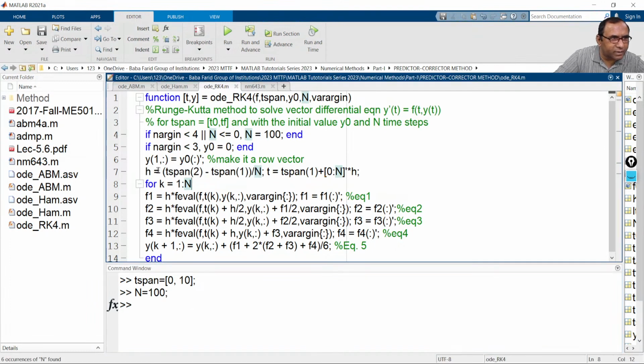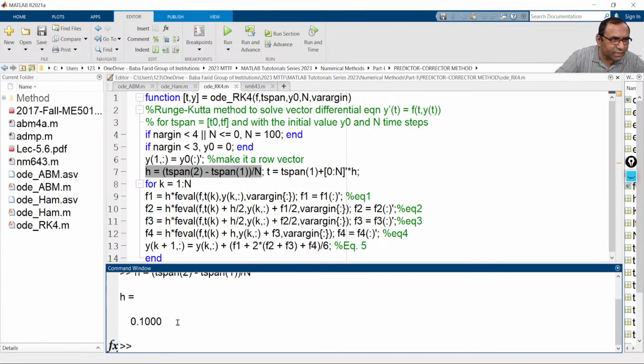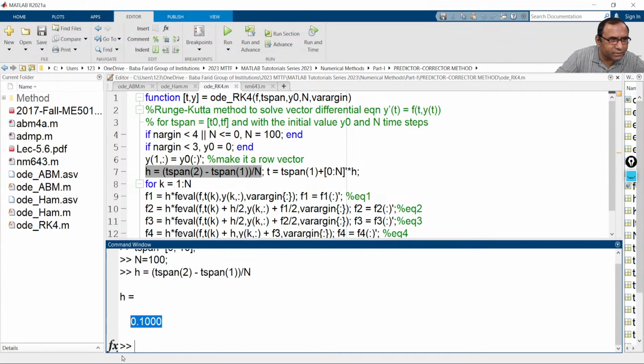Then copy this part and paste here. So this is the h value. h is 0.1.